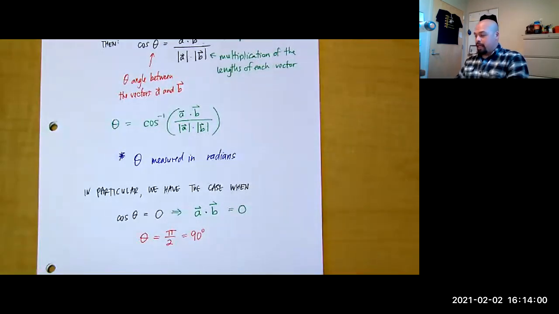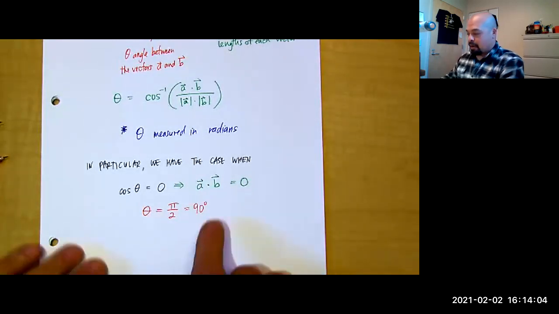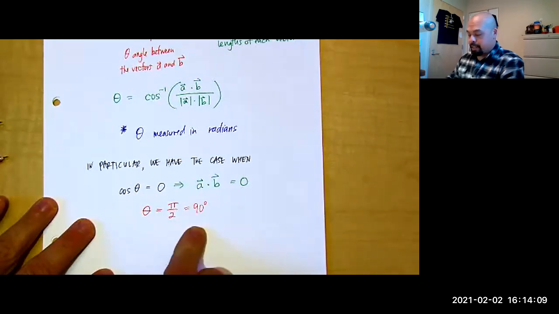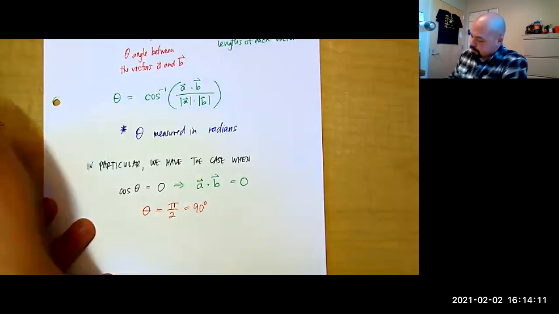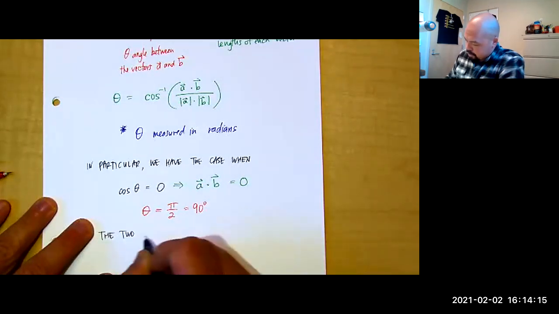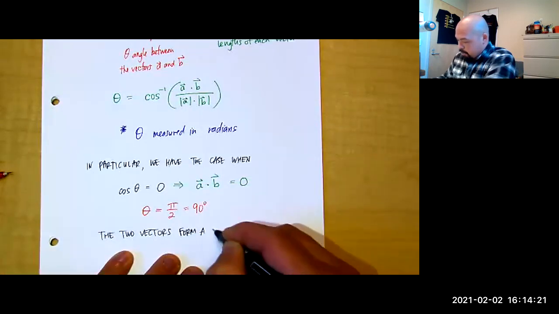So in this case, when that dot product is 0, that angle between them is going to be 90 degrees. The two vectors form a right angle.